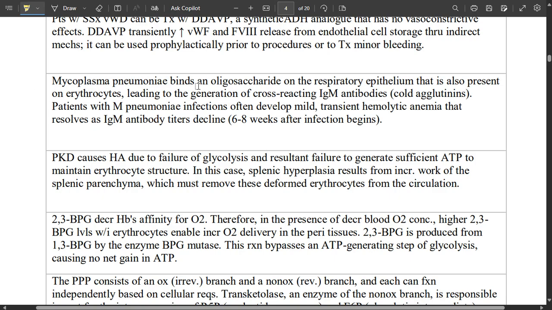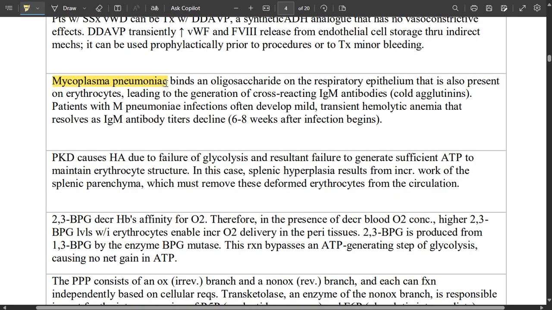Mycoplasma pneumoniae binds an oligosaccharide on the respiratory epithelium. Mycoplasma is an atypical organism that causes pneumonia. That oligosaccharide is also present on erythrocytes, the RBCs.